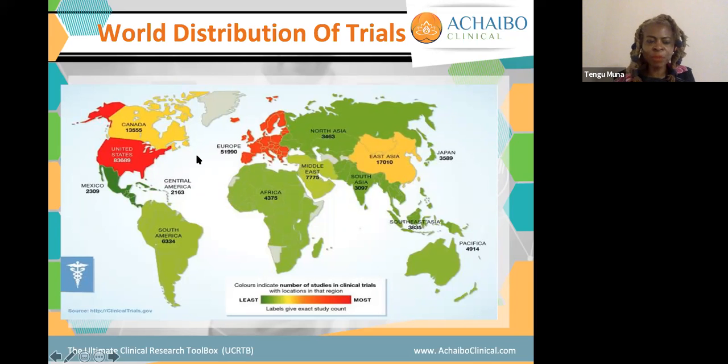But what I get from this is that there is such an opportunity, particularly in Africa, to have a robust industry there. And there are so many benefits to running clinical trials, not just the income potential for principal investigators, but when a country runs clinical trials, you're exposed to so many other things.